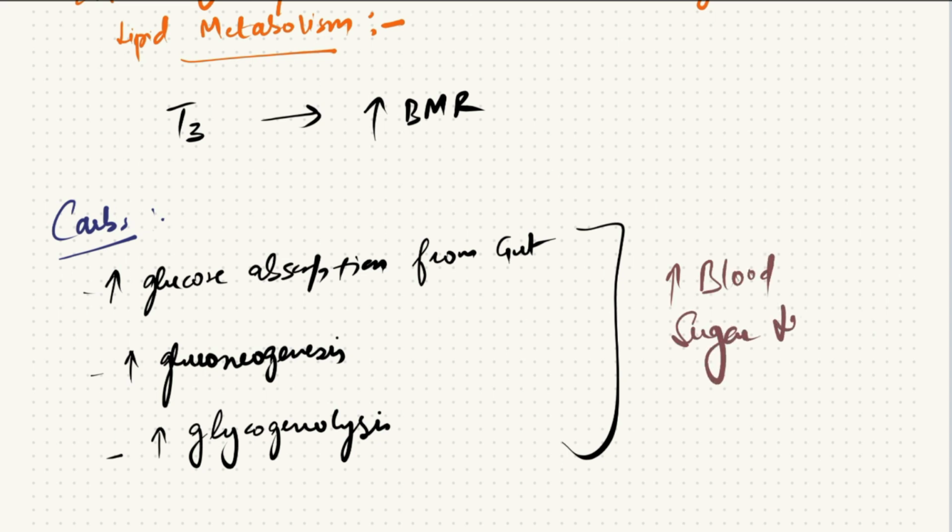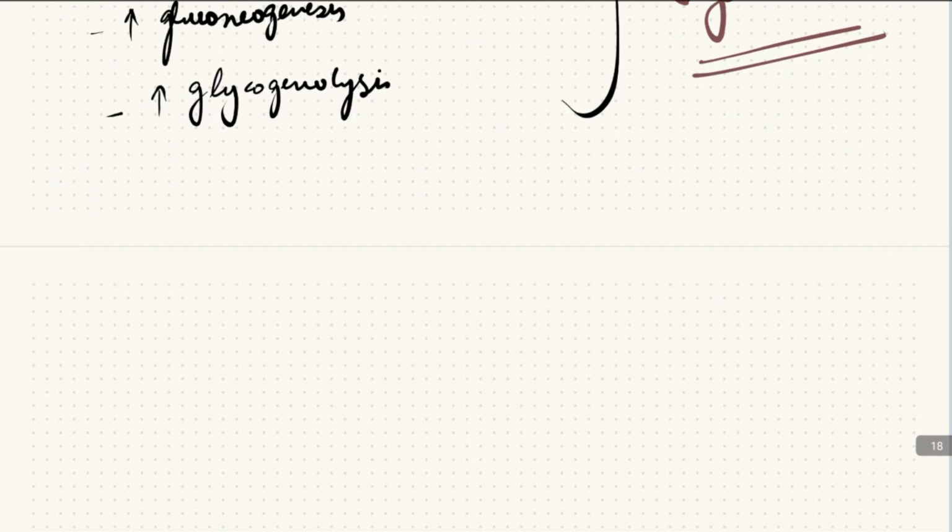Normally these blood sugar levels are balanced by increased cellular uptake, unless there is coexisting insulin resistance or diabetes.